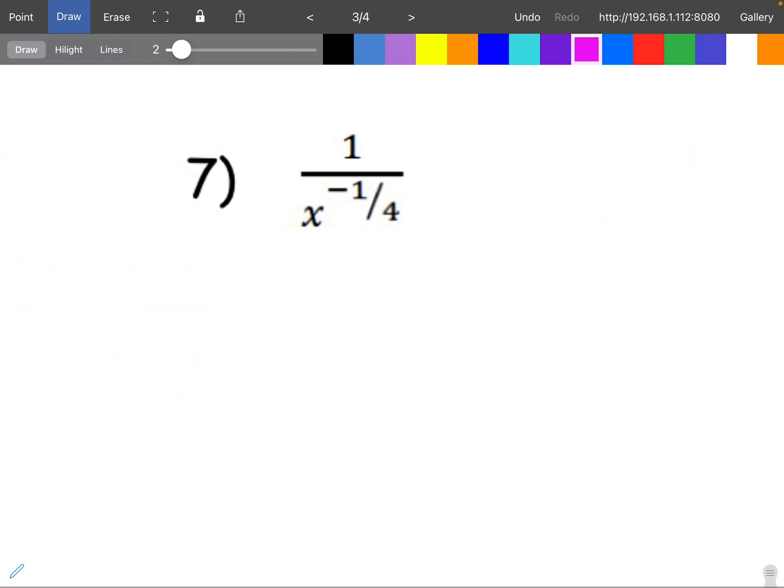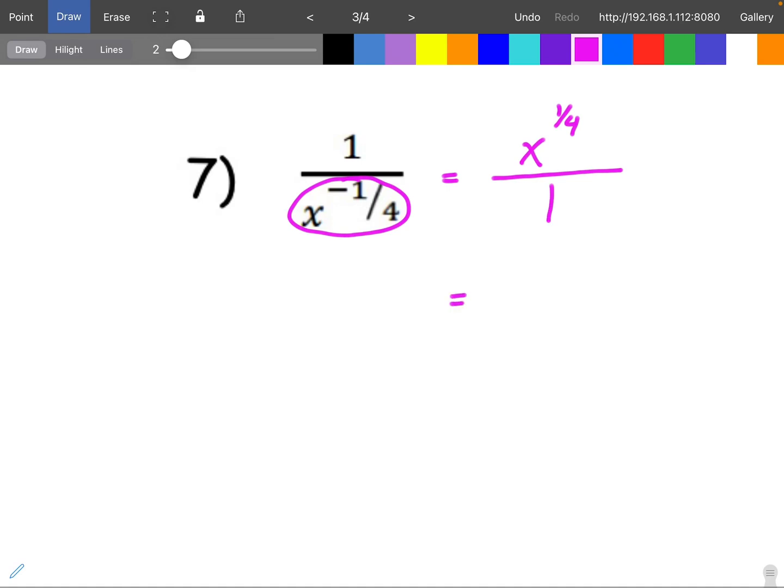Now number 7 is basically the same thing, but this time I've got that negative exponent in the bottom, which means I need to flip it to the top. So if I still have my fraction, but this thing moves up to the top and becomes a positive 1/4 exponent, then the only thing left on the bottom is 1.